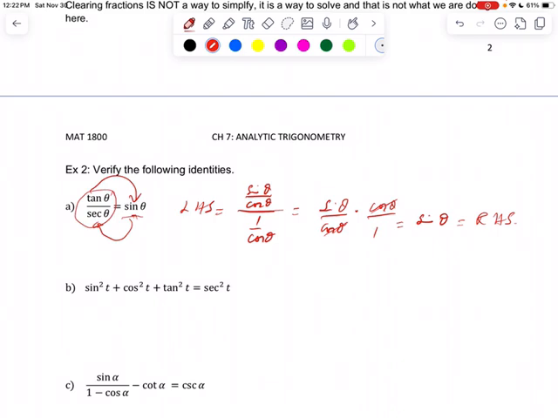Now some students would do it like this. Let me show you. They will start with the left hand side. So we have tangent theta over secant theta is equal to sine theta. So they will simplify the left hand side, carrying out the same steps that I have done.